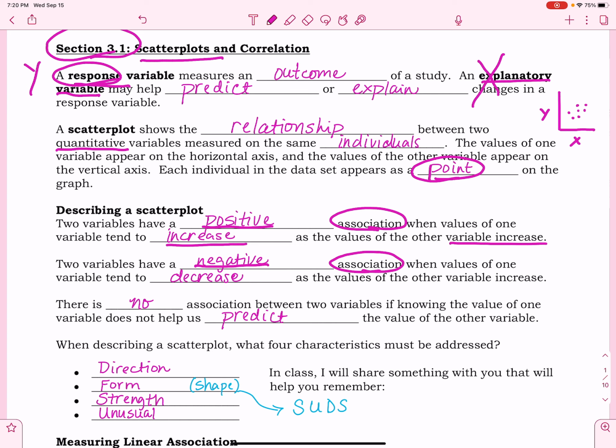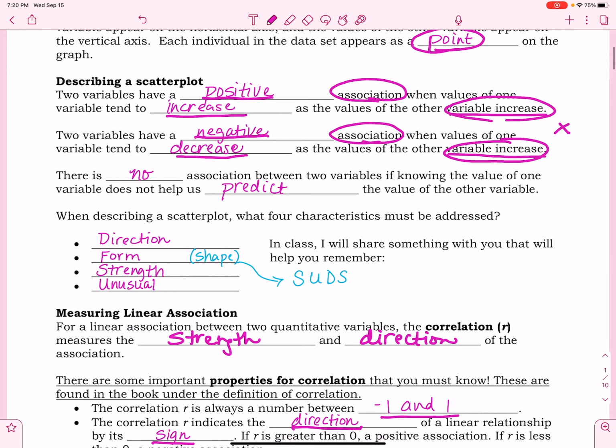And it's negative when a variable decreases as the other variable increases. So you'll notice one variable is always increasing. Well, that's going to be my x value. That's going to be my explanatory variable. All right, there's no association between two variables if knowing the value of one does not help us predict what the value of the other variable is going to be.